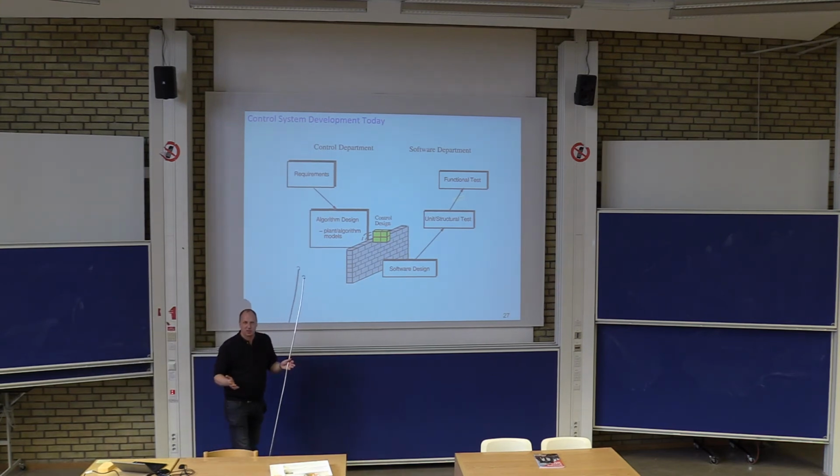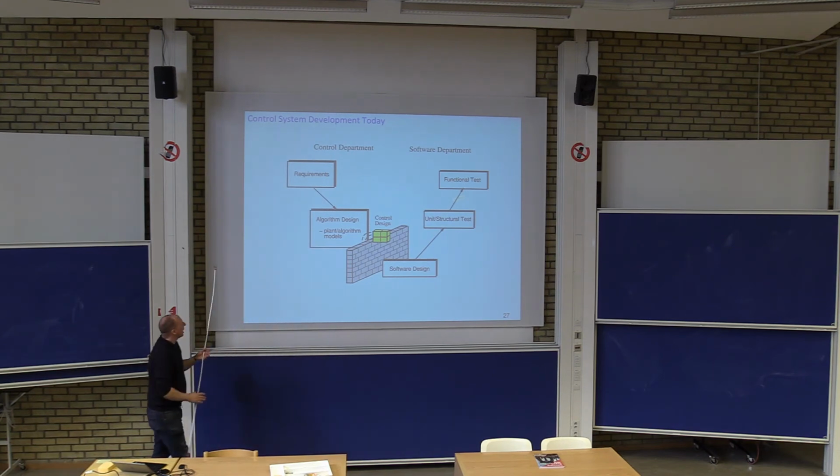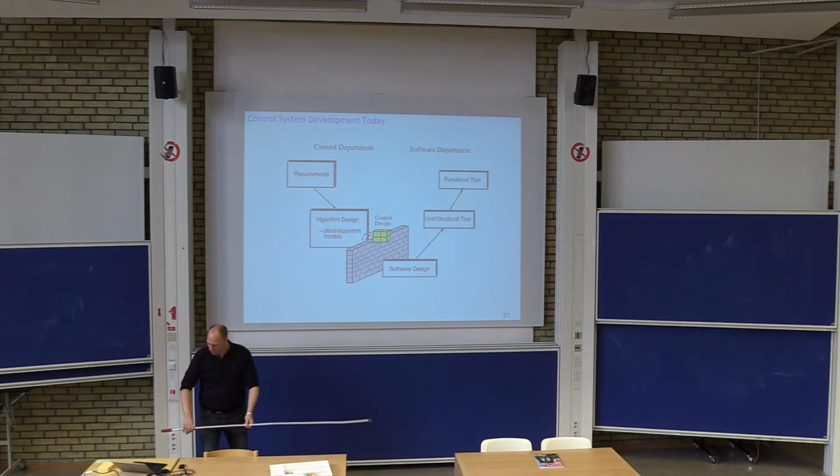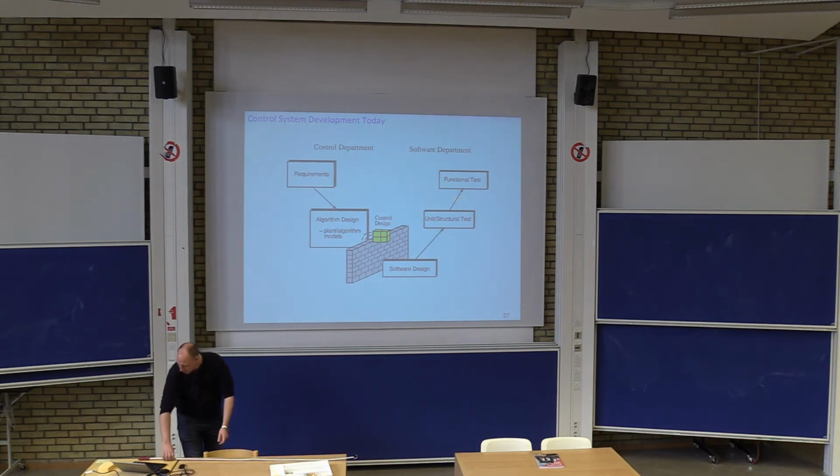But as you know now, this will affect each other, because if you have other tasks, then the response time will change, and longer response times will mean that more phase delay is introduced, and phase delays are bad for stability and so forth. So you might have new problems.